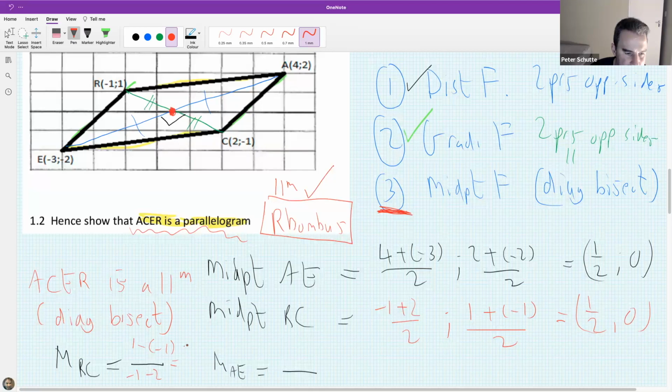So that gives me 2 over -3. And then AE is going to be 2 minus -2 and 4 minus -3, which gives me 4 over 7.